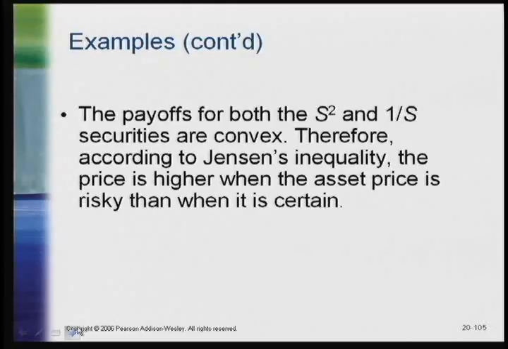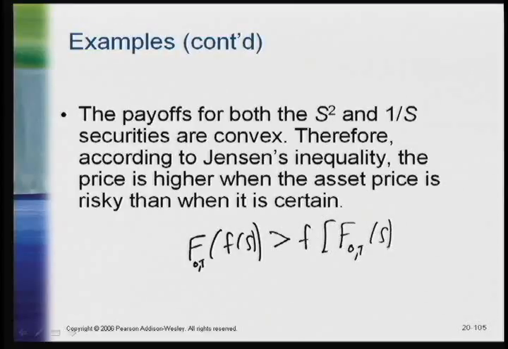In other words, what we see in both cases is that the forward value of a function of S was bigger than the function applied to the forward value of S. Right? This is what we just saw. If the function was square, or the function was 1 over S, in both cases we saw that the forward value of f of S is bigger than f applied to the forward value of S, and what's noted here is that this is related to Jensen's inequality and convexity, and let's see why.